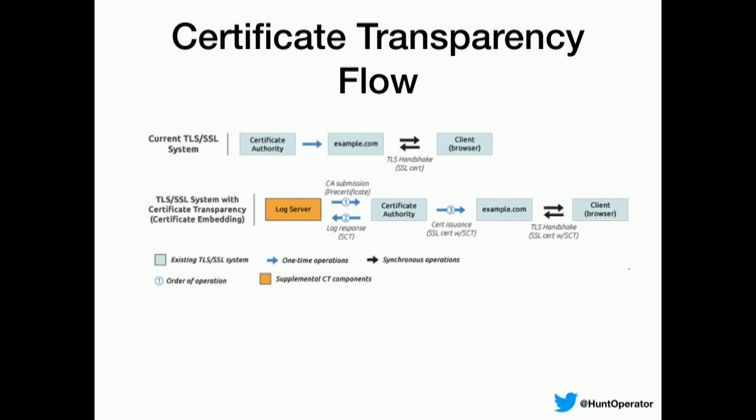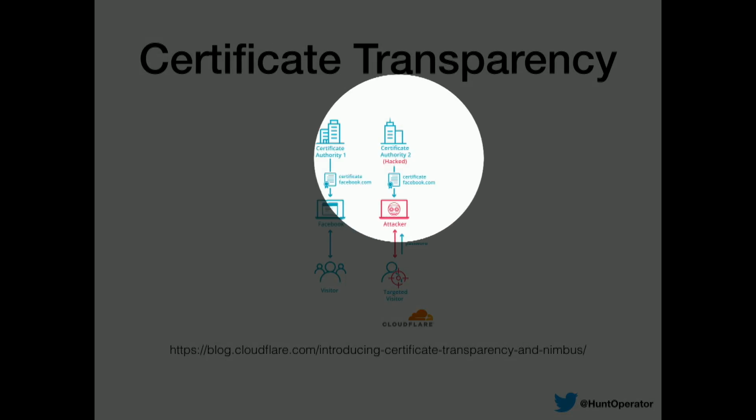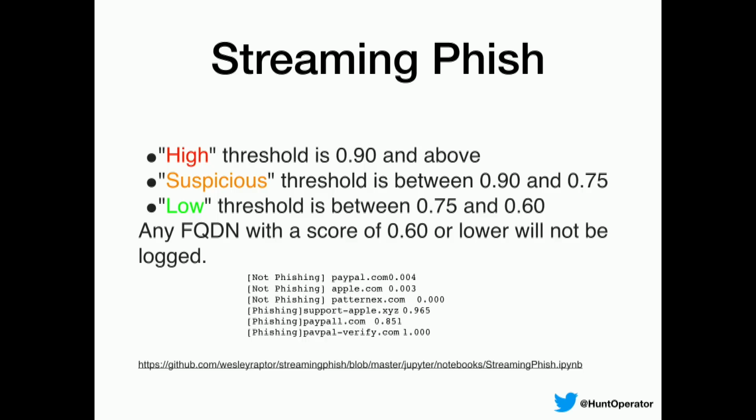That makes it available to you as a defender to go through and validate: is this a legit certificate? Did this certificate authority actually issue the certificate to this domain? Because if you're a bad guy and you've hacked a certificate authority, you can just start generating your own certificates for Facebook or whoever owns that. And then you can do man-in-the-middle type attacks, or phishing becomes a lot easier.